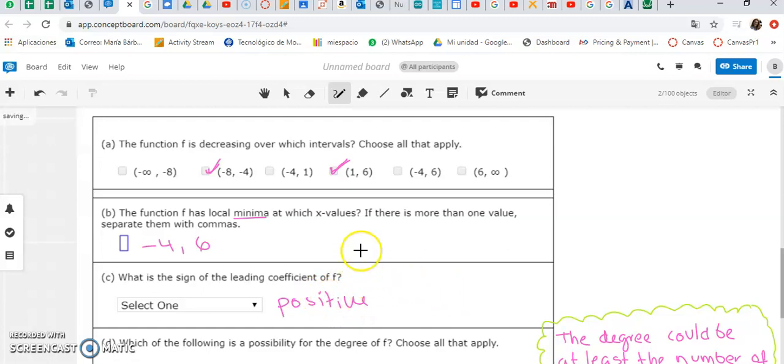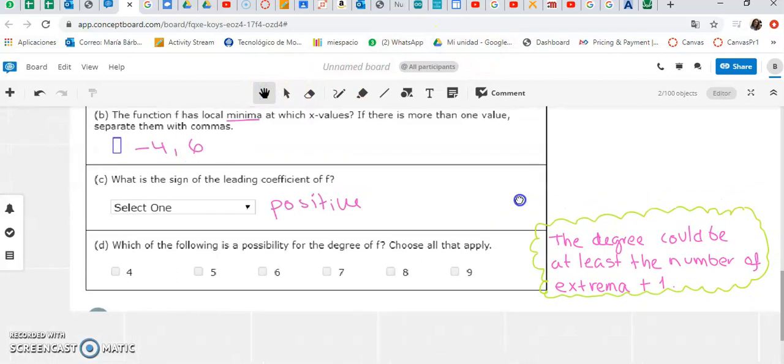And then let's see the last question, dear students. And I want you to pay attention because it says, which of the following is a possibility for the degree of f? Choose all that apply. So you can select more than one. And check, I want you to focus here on this important rule that you can follow.